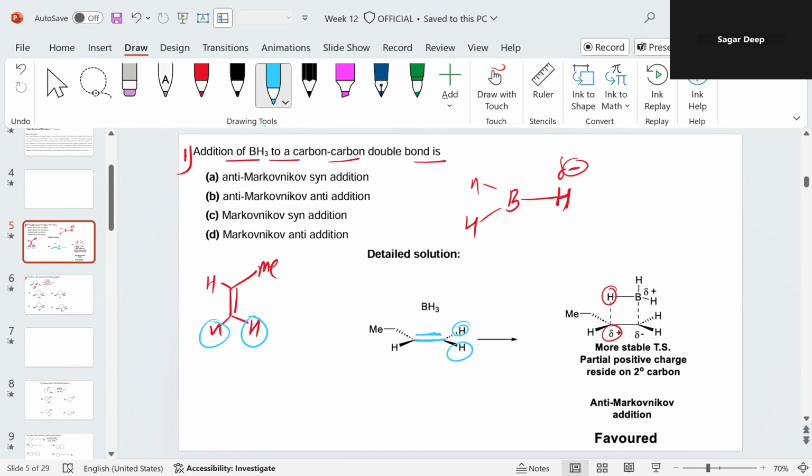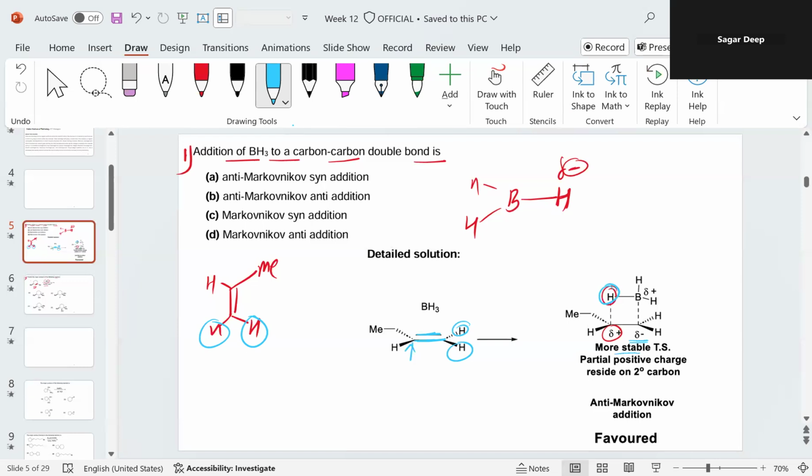This negatively charged hydrogen, or the hydride, goes to the most substituted carbon. At this position the hydride gets attached, and the boron atom attaches to the other carbon through a stable transition state.